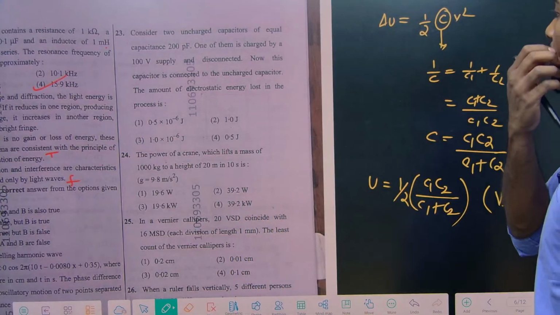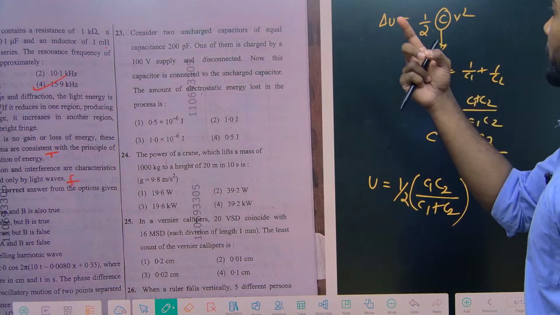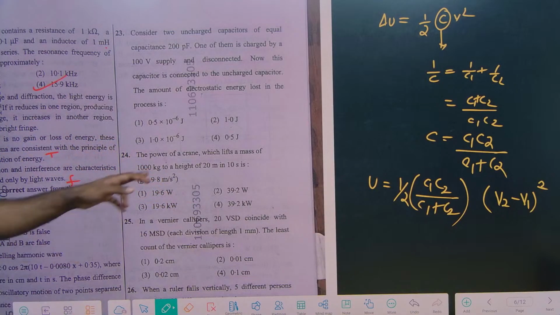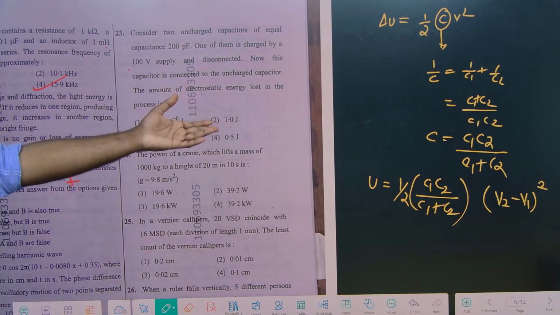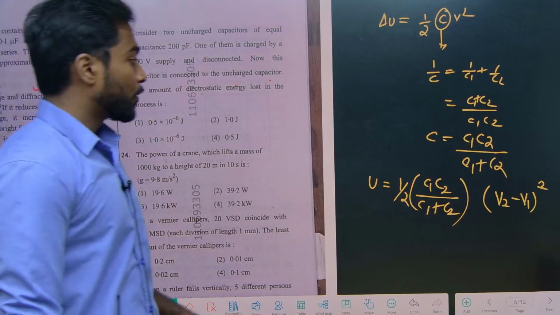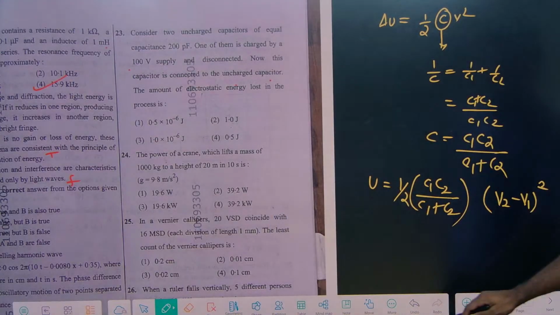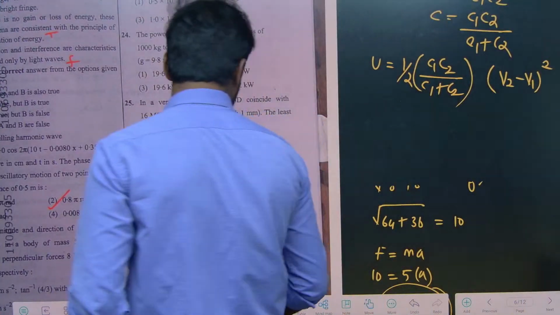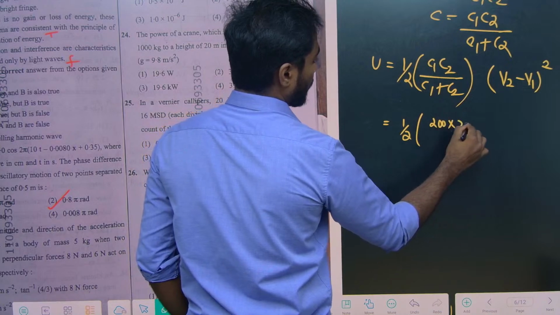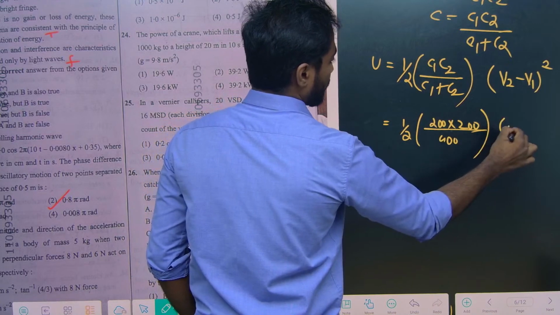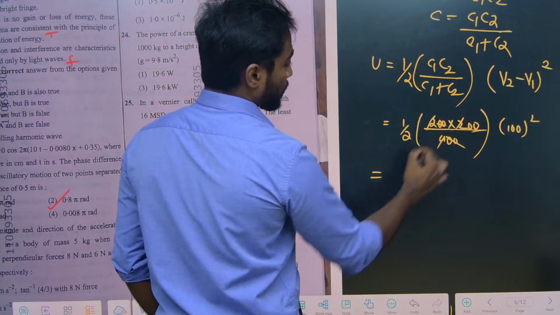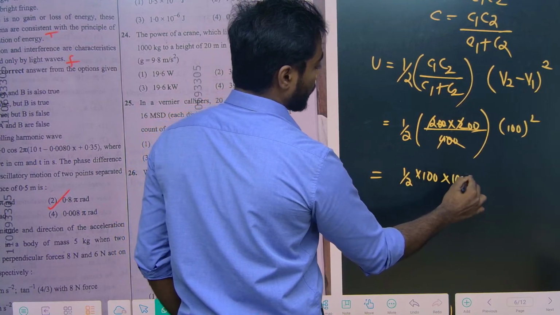With equal capacitance 200 picofarad, it is 200 into 200 divided by 200 plus 200, into (100 minus 0) the whole square, since the connected capacitor is uncharged. So 1 by 2 into 200 into 200 divided by 400, into 100 square. The zeros get cancelled, so 1 by 2 into 100 into 100 into 100.